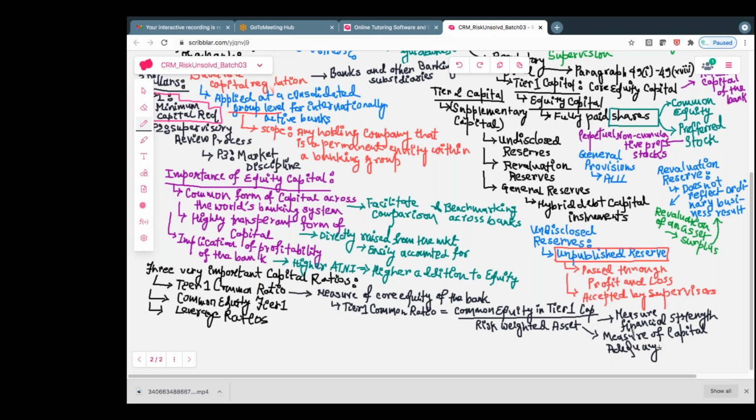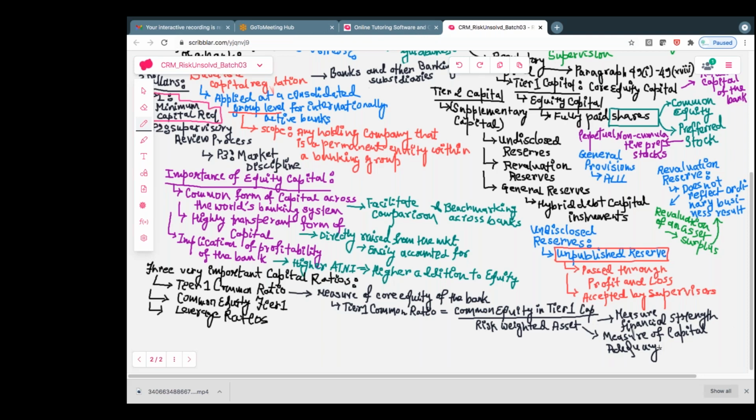Now, once we have this part, the next portion is that after the tier 1 common ratio, we talk about the common equity tier 1. It consists of the following elements: common shares, stock surplus, and so on. We have been talking about the common equity. So how exactly is this equity calculated?